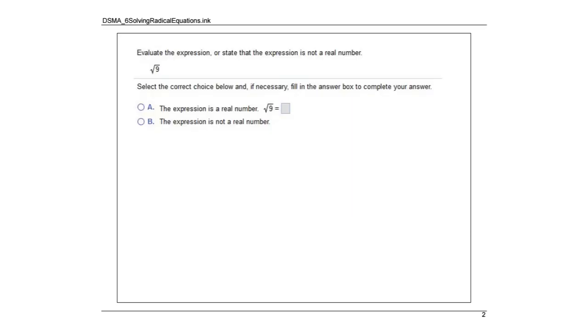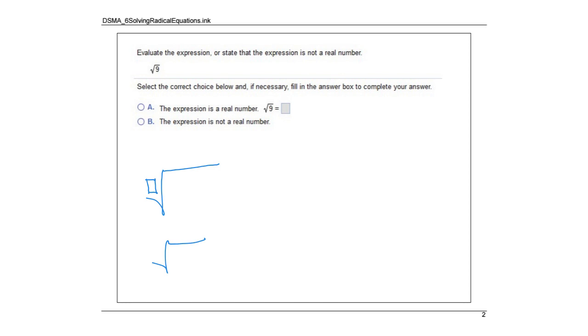All right, so let's do a quick look at vocabulary. When we have a radical, it's a symbol that looks like this. Usually there is an index sitting right here, unless it's a square root. If it's a square root, it looks like this without an index.